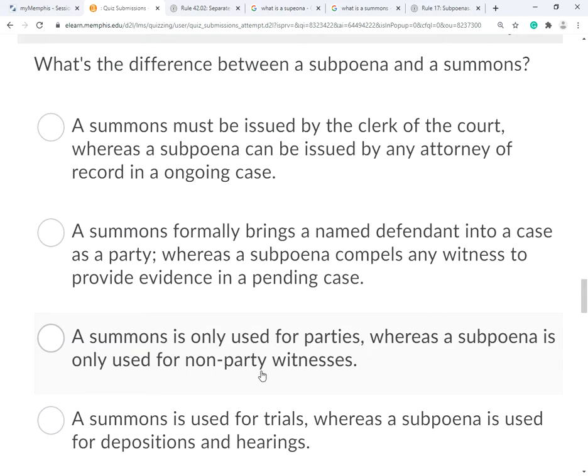Next: a summons is only used for parties, whereas a subpoena is only used for non-party witnesses. Again, a little bit confusing for me. Sorry for the hesitation.